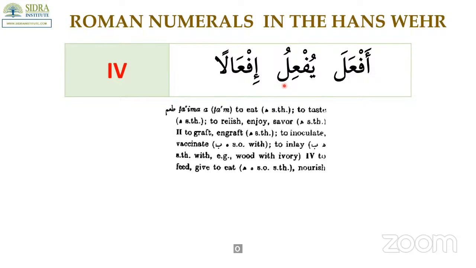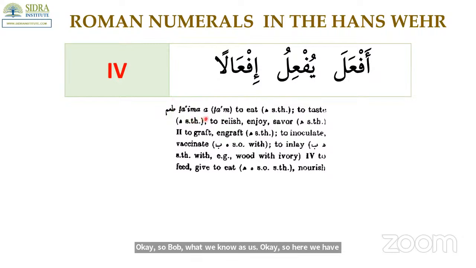Okay, so bab if'al, what we know as. Okay, so here we have ta, ain, and mim. Okay, so ta'ima, a means ta'ima yat'amu, and this is ta'man. One thing I want to point out here, if there was to be another a, then it'll be ta'aman. But because there's just one a and then the apostrophe here, that means it's an abrupt sound on the ain.